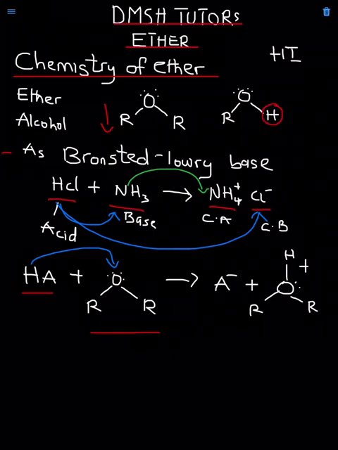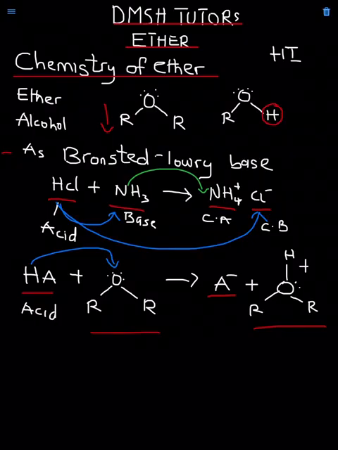Alright, so similarly, as you can see here, we can conclude that this is an acid, and this is a base, because why? It accepts a proton from the acid. Am I right? And this is the conjugate base, and this is the conjugate acid.